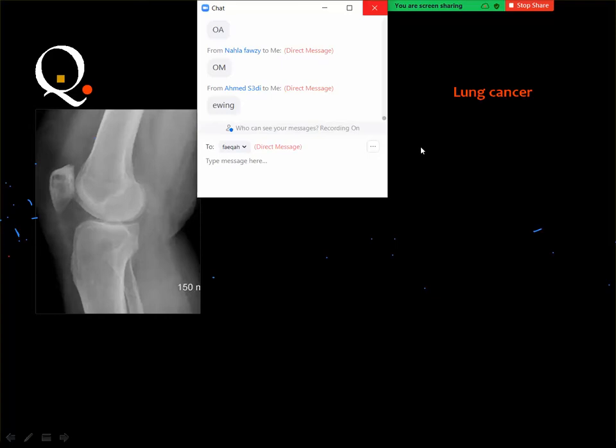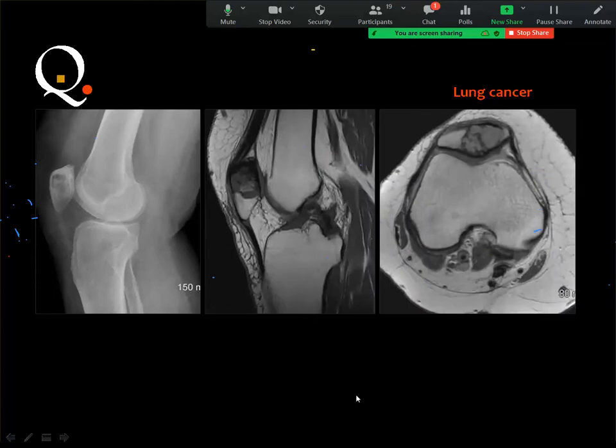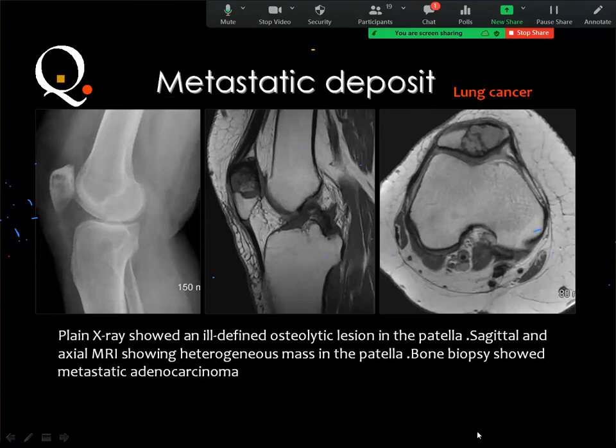And if there is an abnormality, where? Metastasis to the patella. Someone said this is metastasis in the patella, and this is right. If you look carefully, you see some osteolytic lesion in the patella, and this is the MRI of the same case where you got an infiltrative lesion in the proximal part of the patella, which, in the presence of lung cancer, is diagnostic of metastatic deposit.